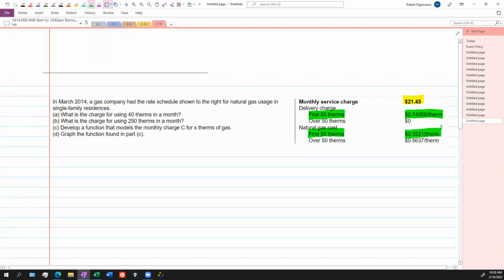So the way we could look at this is, let's do our cost function. Let's say cost, and I'm going to put T here for therms. Let's talk about what's happening. It's a piecewise function. You'll see why in a minute.